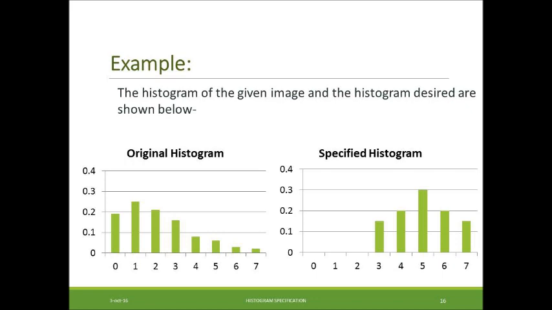First one is the original histogram, and second one is the specified histogram. Original histogram is nothing but the histogram of the input image. Now, the specified histogram is the histogram of the reference image. In histogram specification, our objective is to change the histogram of the original image to the histogram specified by the reference image.